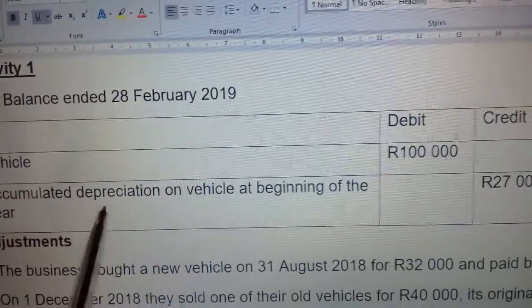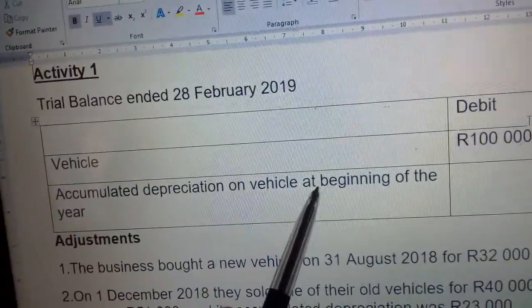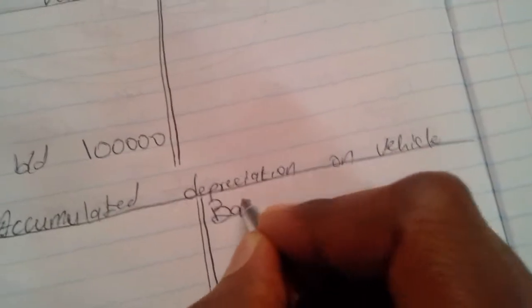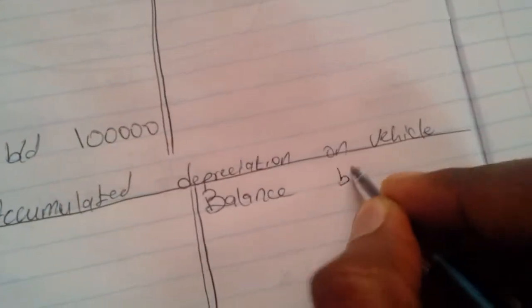After that, we are given accumulated depreciation on vehicle at the beginning of the year. It means at the beginning of the year on the credit side, an accumulated depreciation credit balance of 27,000.